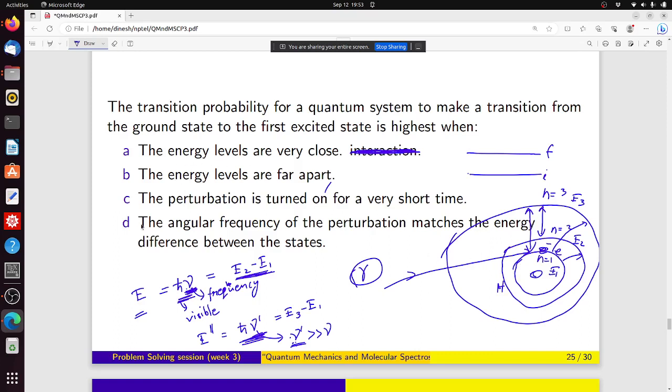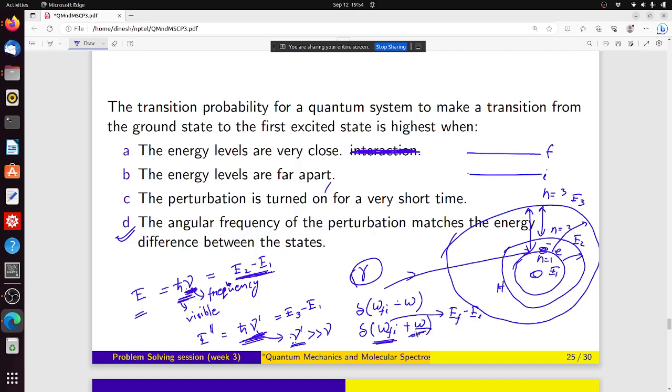Option D is there. You might be remembering from Week 3 there were two delta functions: delta of omega fi minus omega, and delta of omega fi plus omega. That means this angular frequency has to be equal to this omega fi, which is the energy difference, final minus the initial state.